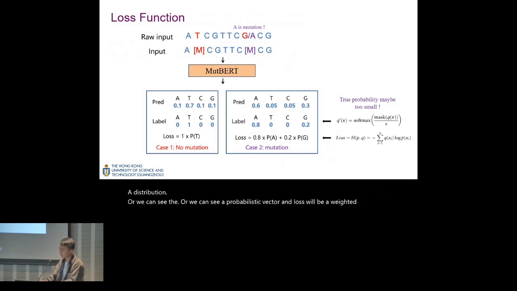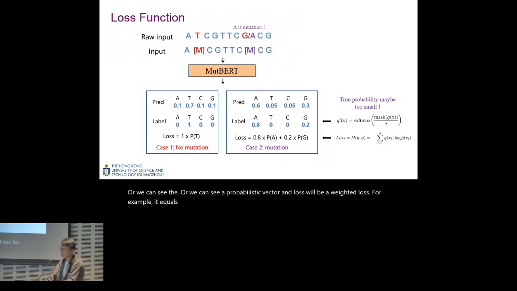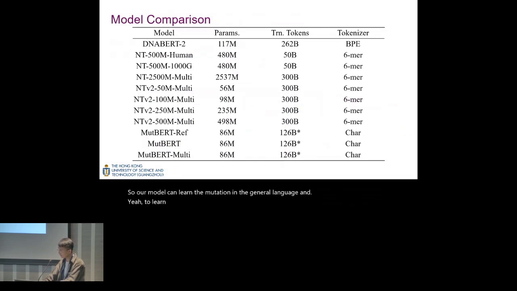For example, it equals prediction A times 80% plus prediction G times 20%. It should be noted that the true probability may be too small because the mutation may have a low probability, so we add a temperature and a softmax to enlarge the probability. So our model can learn the mutation in the genome language, and to learn the knowledge.